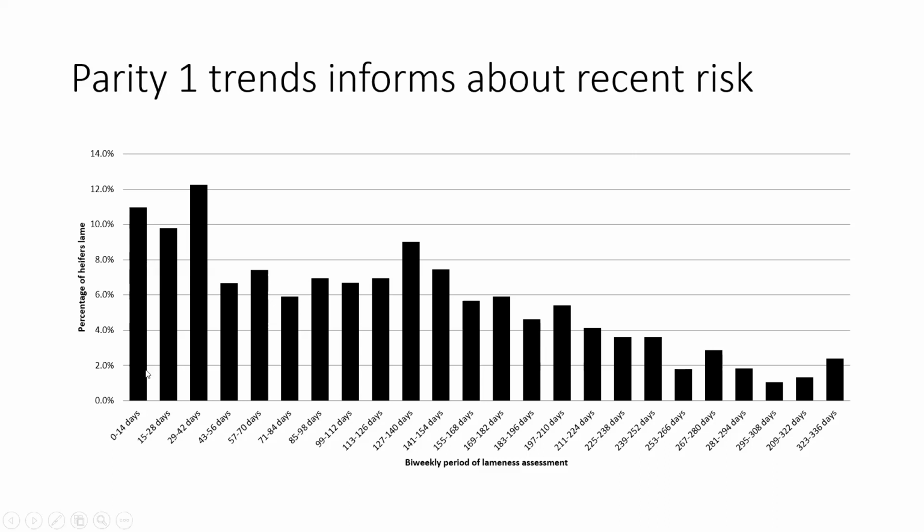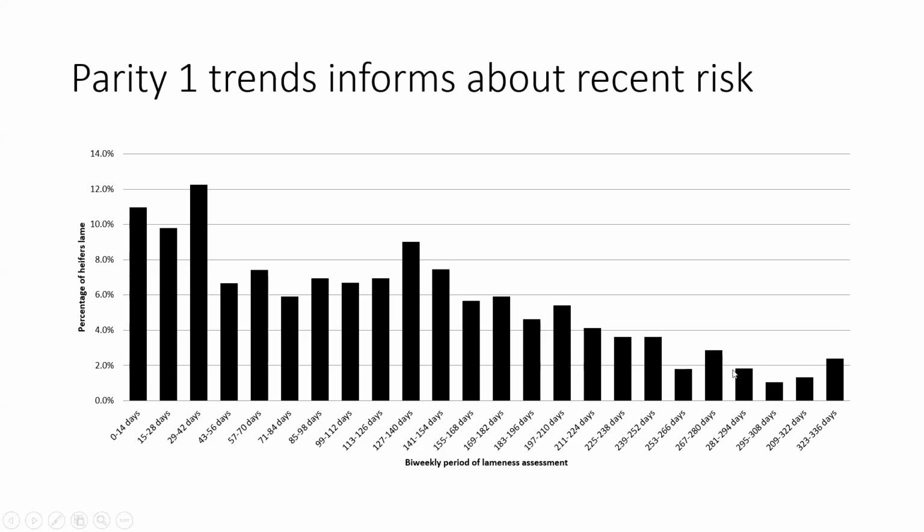Now, in this instance, I've plotted the parity 1 cows in 2 weeks. Well, I say I. This was Sophie Mahendran's master's work at the RVC that she did with me. And she's plotted the heifer prevalence in 2-week blocks, and it shows actually we're seeing a bit of tenderness in the heifers in the first 42 days after calving, which is quite a normal phenomenon, and then things settle down, and then we seem to have maybe a second rise, sort of around 120 to 140 days in milk, and that might possibly be a post-trimming lameness phenomenon, but there might be a whole host of factors that could be contributing to that.